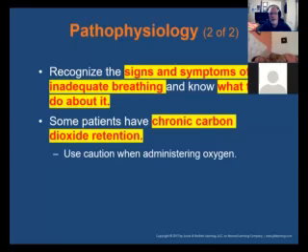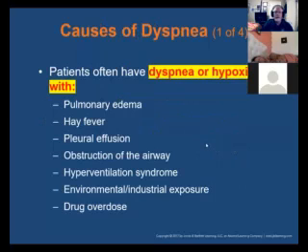So today we're going to talk about multiple conditions that create signs and symptoms of inadequate breathing. Some patients have chronic carbon dioxide retention, and the book says we need to be careful about administering oxygen to them. We'll talk about who that is and why in a minute.